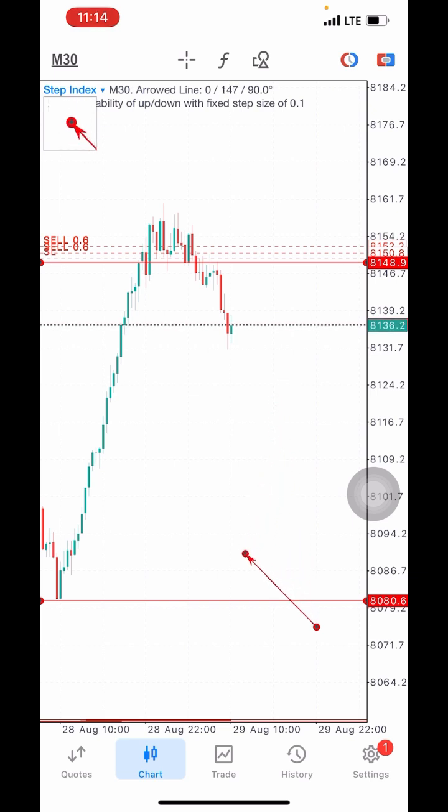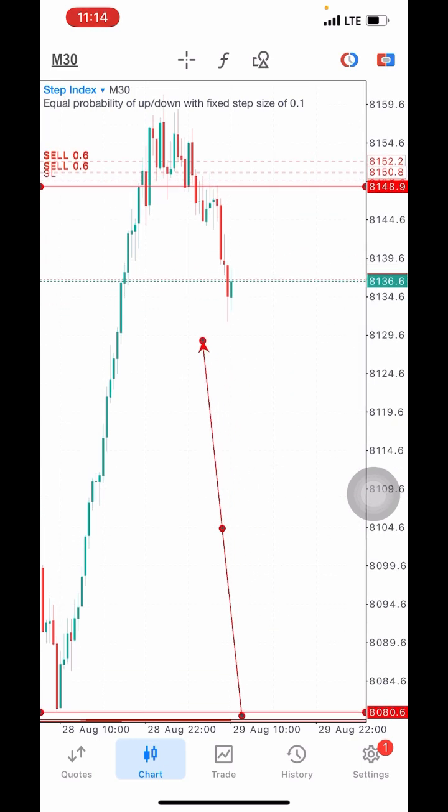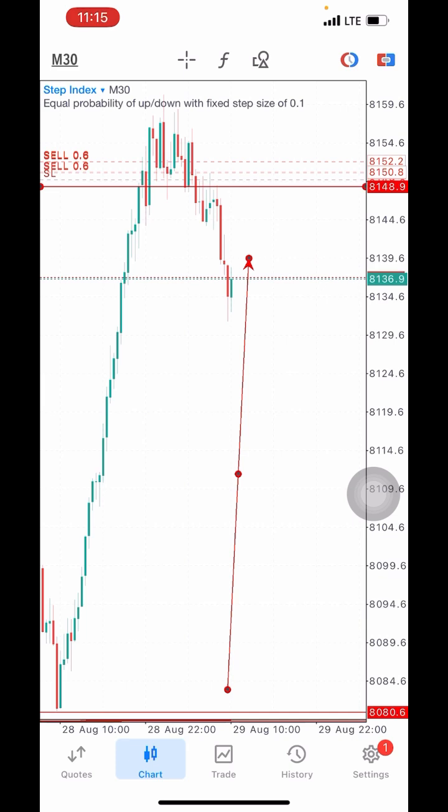Okay, so that's it, guys. Before somebody starts saying that retest works, I'm not saying retest doesn't work. I used to trade, and even right now I still trade retest, but there's a way I trade it now, unlike how I used to trade it before.